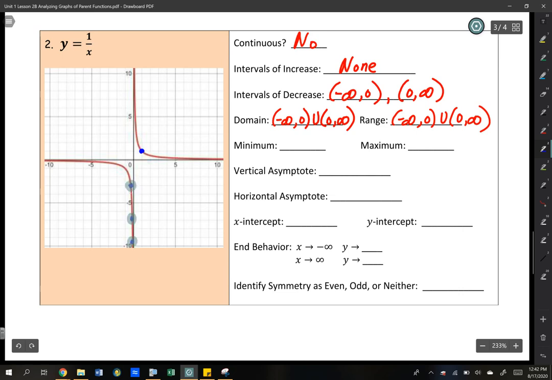So this guy cannot be a minimum. And you might want to say, oh, this looks like a maximum. This is a high point, but we have many other higher points than that in this graph. So this guy is not a maximum. So therefore, we do not have a minimum or a maximum on this graph.